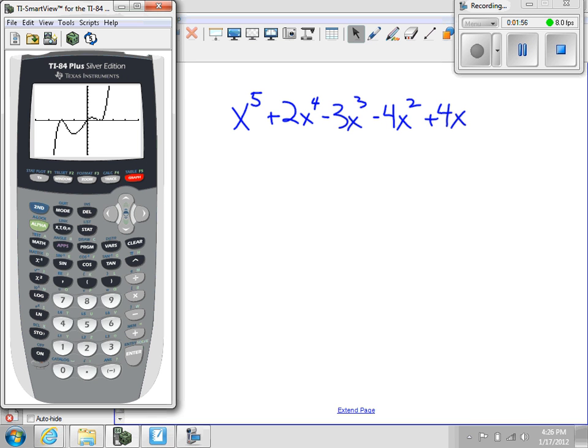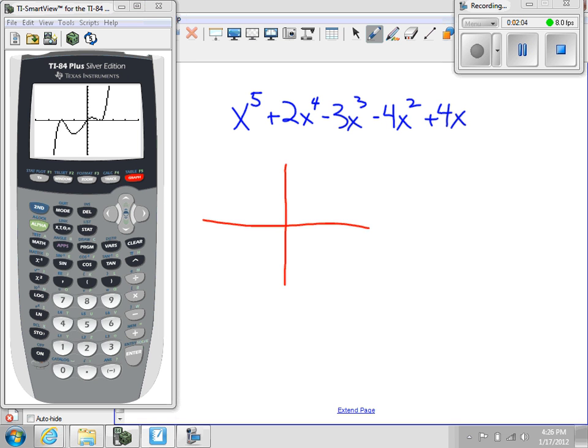I can't write on the calculator, so my graph looks something like this. There's a local maximum right there, and another right there. So let's identify those 2 local maximums.